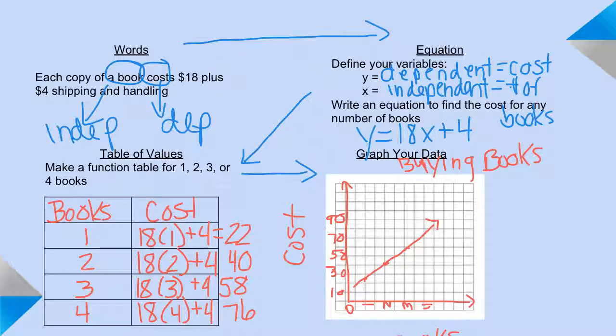But on this one, according to this equation, if I were to buy 0 books, I would still pay $4. Now, in reality, we know that's not true, but according to our mathematics, if we took 18 times 0, we'd get 0 plus 4. So although this is a linear function, it is not proportional.